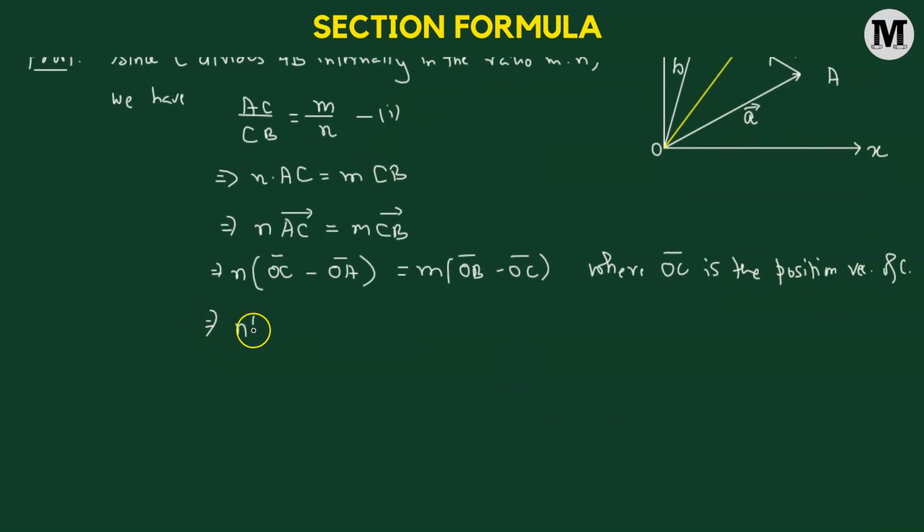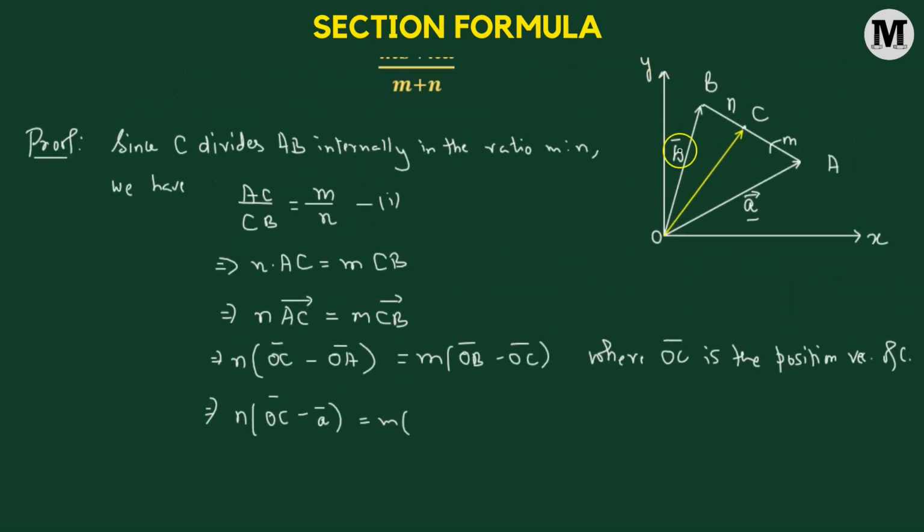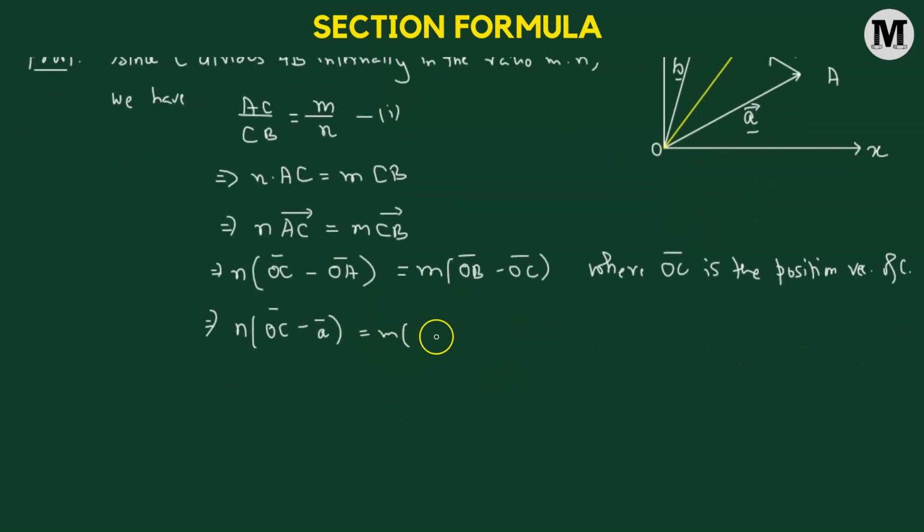Fine. Now, let's further simplify. We have n times (OC vector minus the OA vector). So here OA vector is simply the vector A. So we have n times (OC vector minus A vector) equals m times (OB vector minus OC vector), where the position vector OB will be defined by the vector B. Let's further simplify to get n times OC vector minus n times A vector equals m times B vector minus m times OC vector.